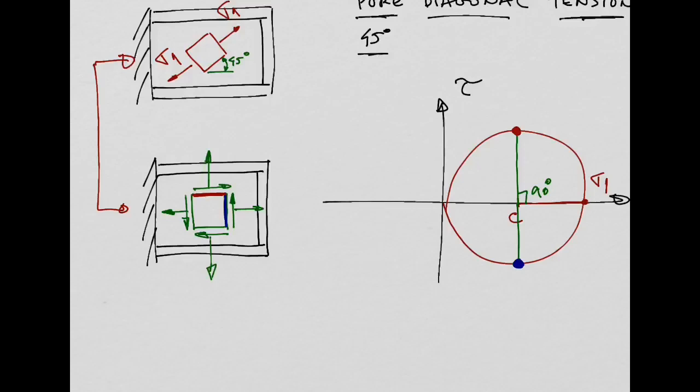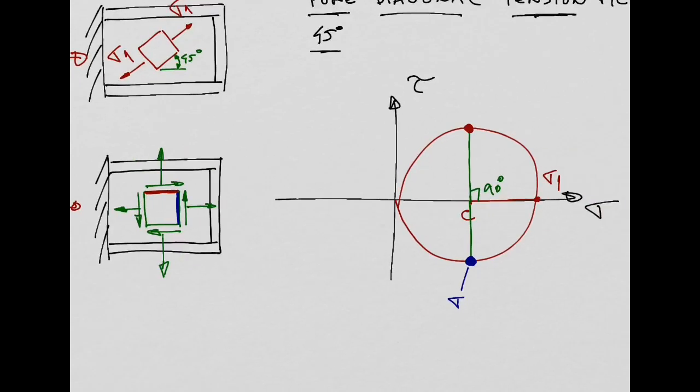So, starting with this one in blue, look, the direct stress, if you look at this point and at this referential system sigma tau that we have here for the Mohr circle, the direct stress is what you measure in this horizontal axis, right? It is going to be equal to the center of the circle.